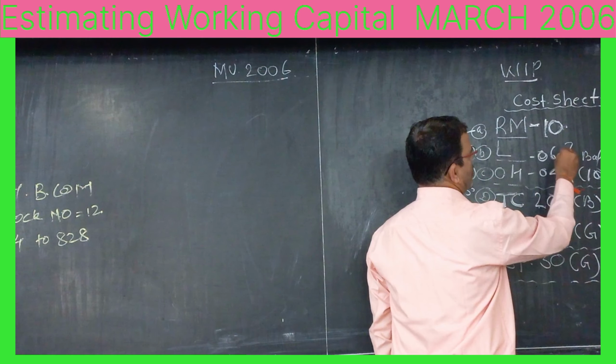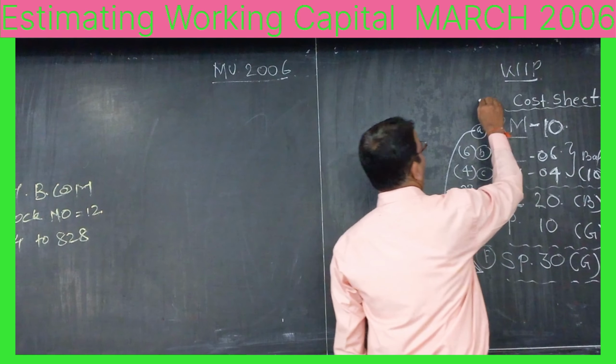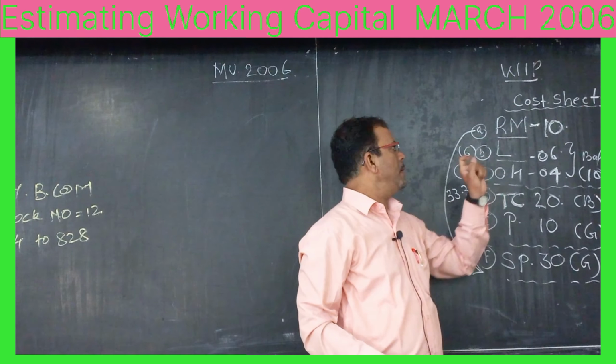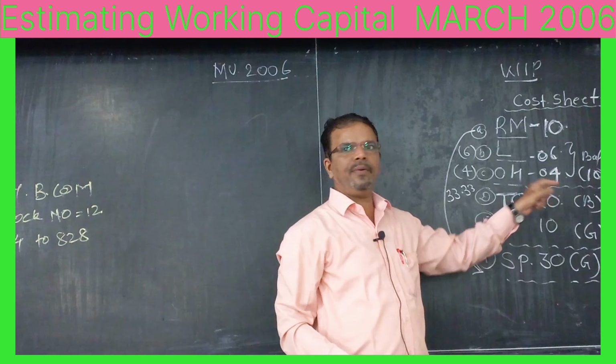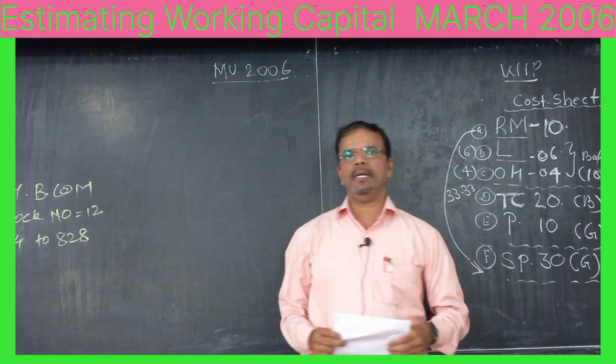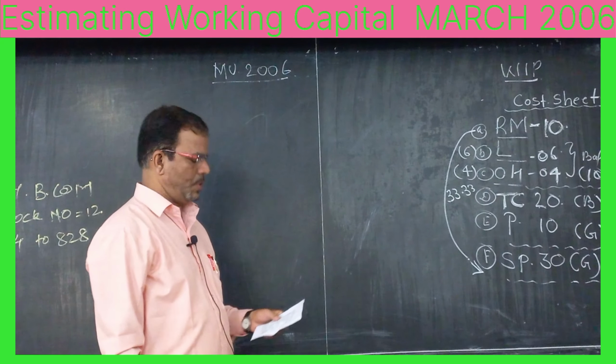So 10 plus 6 plus 4 gives 20. In this way, first we have to prepare the cost sheet. We got raw material rate 10, labor rate 6, overhead rate 4, total cost 20, profit 10, and selling price 30. So in this way we prepare the cost sheet.